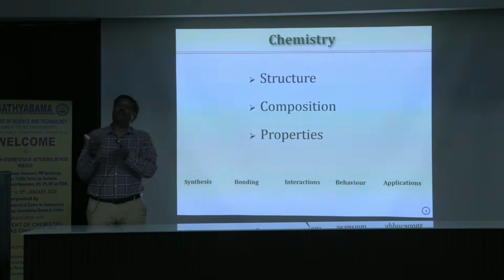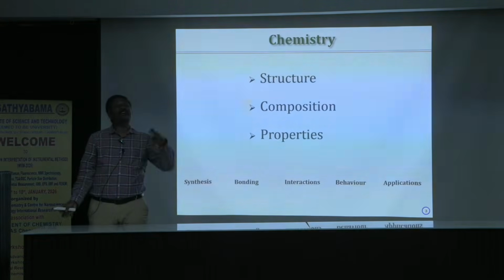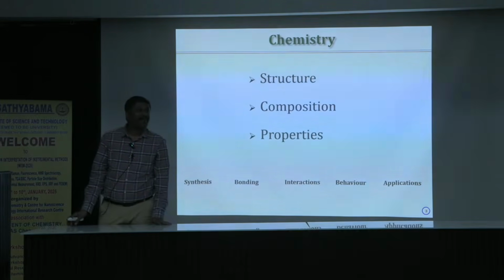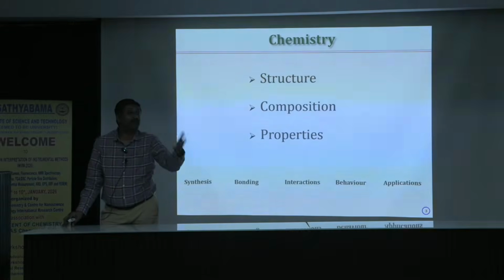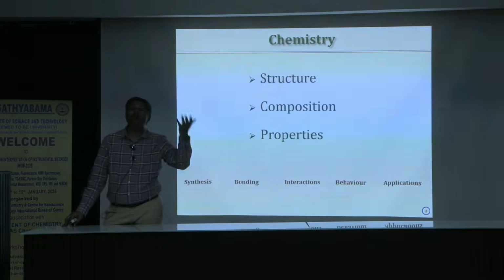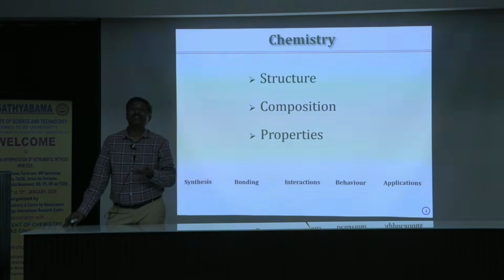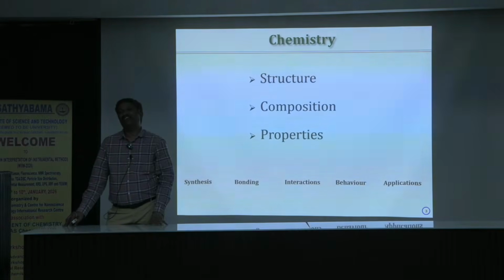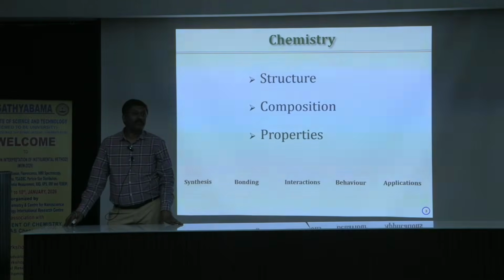Properties can be of their pure state, or their mixtures, or under the influence of something else, maybe under the influence of temperature, pressure, composition, then application, then it's the benefit for the society or the industry. This is how chemistry or material science makes an impact on society and industry.